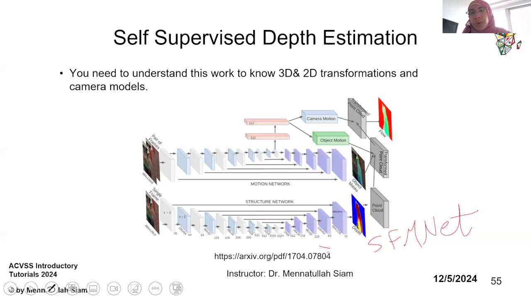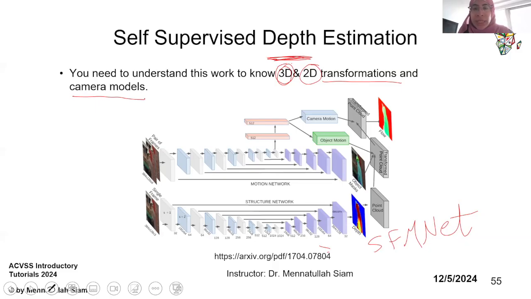There are a lot of works that are trying to estimate depth in a self-supervised fashion. Most of them are dependent on a good understanding of 3D and 2D transformations, if not all, and the camera models.